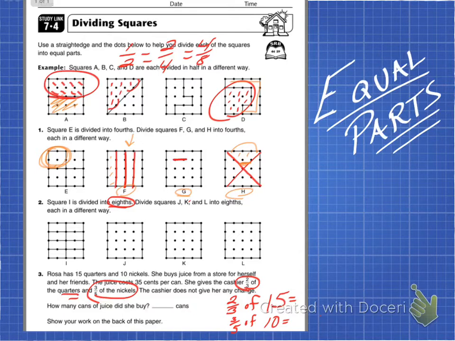Okay, so I'll come across here, then I'll go up. That's why I was using the pen, because that doesn't want to work for me. And we're back. And now I can split this right here, and I get the same little L shape. It's just rotated differently, but we still have our 1, 2, 3, 4 boxes that make this thing up. So those are 4 different ways to make the fourths.